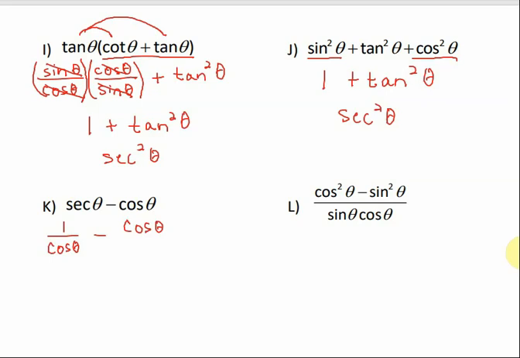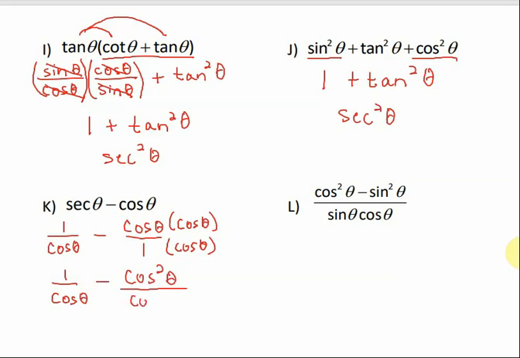This is understood to be over 1. If I multiply by cosine of theta, that gives me 1 over cosine of theta minus cosine squared theta over cosine of theta.